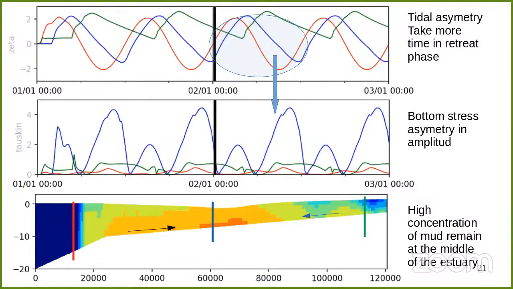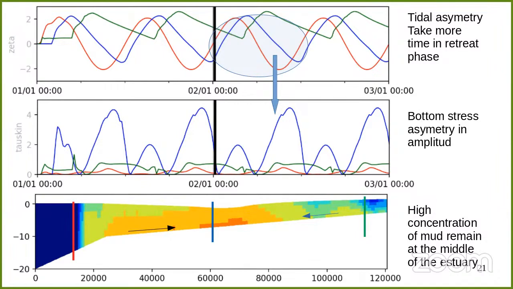So what happened? Well, we see that on the first, at the top you have the zeta, related to the tidal cycles, and you see this cycle, okay? You see also an asymmetry, depending on if the tide is rising or in the relative phase.